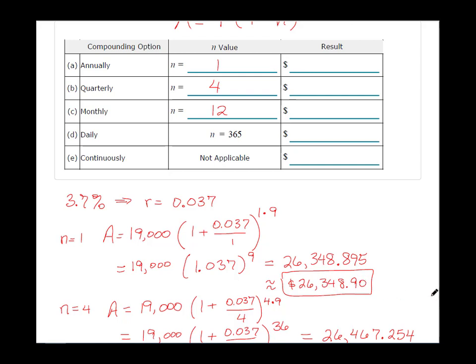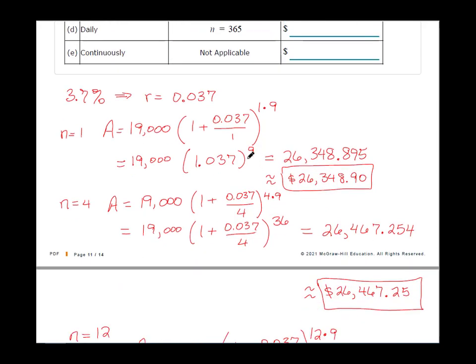Now, what changes if n is 4? All right, well, 4 is there, and 4 is here multiplied by the 9. Exponent is now 36. Now, the hard part here is the calculation. You want to keep it all in your calculator and not have it be rounded. So how do you do this?